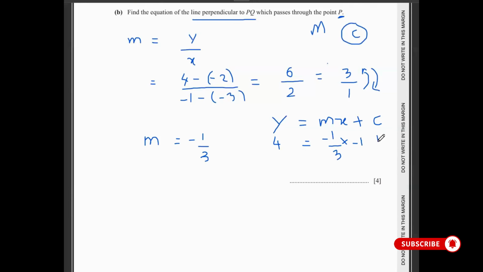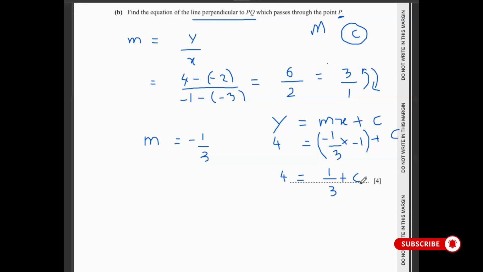C is the one that we are going to find out. First I can multiply -1/3 by -1. A minus number multiplied by a minus number gives a plus answer. So 1/3 multiplied by 1 is just 1/3, plus c.